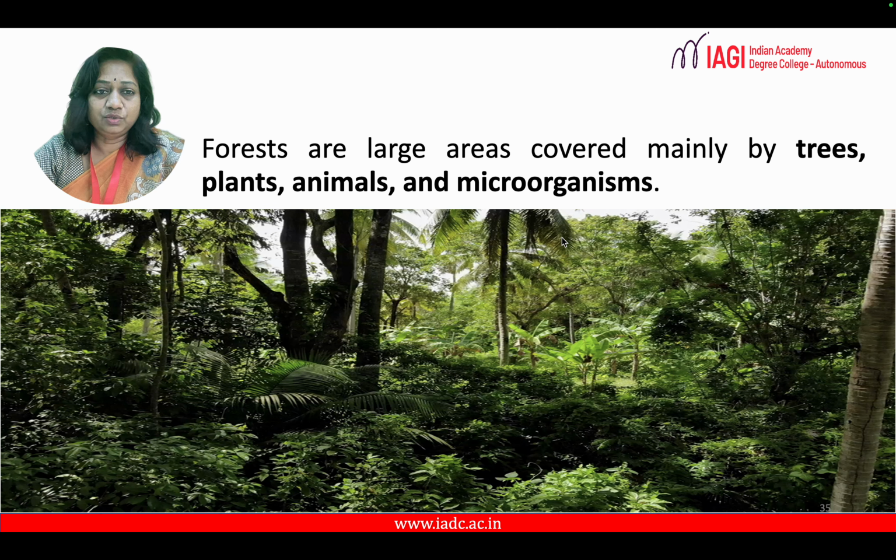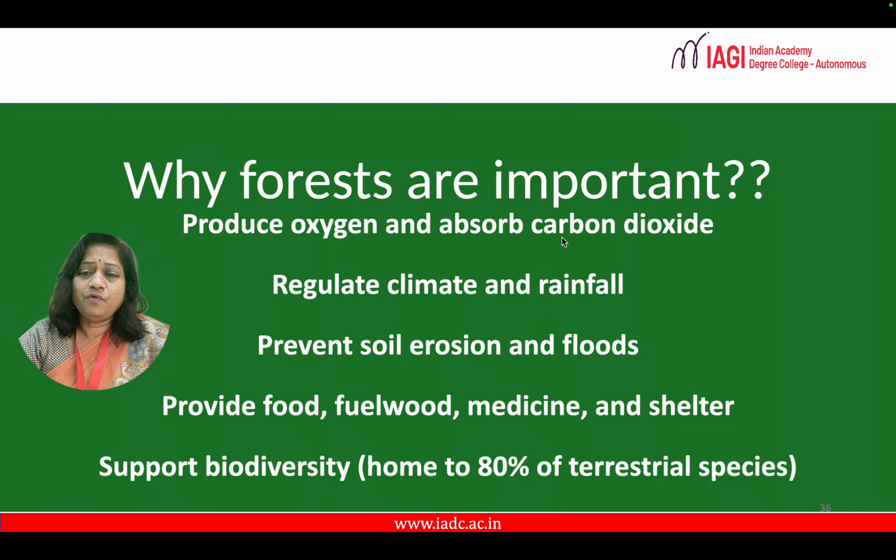And we have a resource which is very rich in biomass. It is containing around 80% of the biodiversity, that is forest. The forest is very useful because it gives us oxygen, it absorbs carbon dioxide, and also it regulates the climate and rainfall.